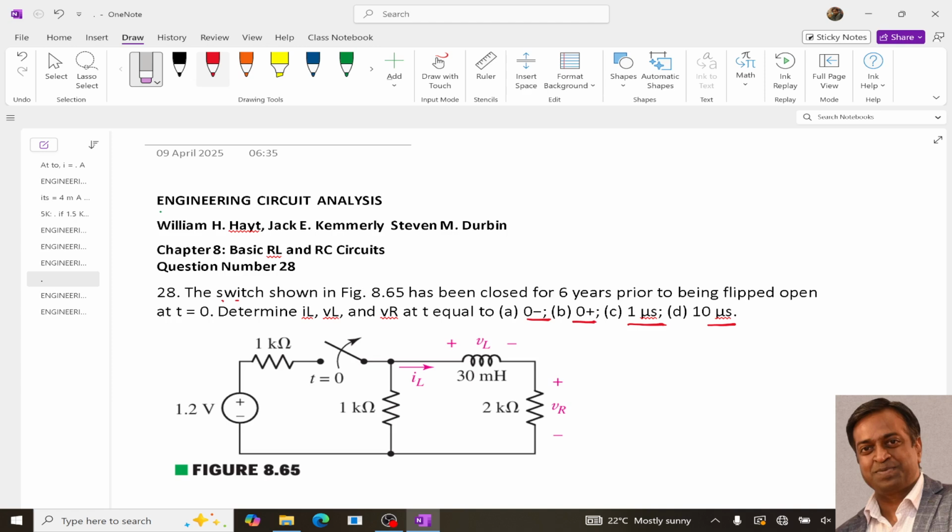With respect to the circuit, we usually talk about three times. One is 0 minus, another is 0, and the third is 0 plus.